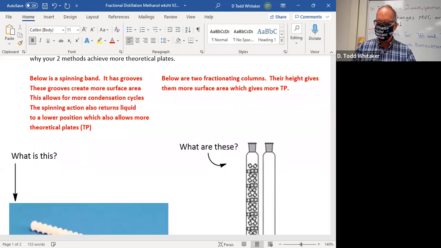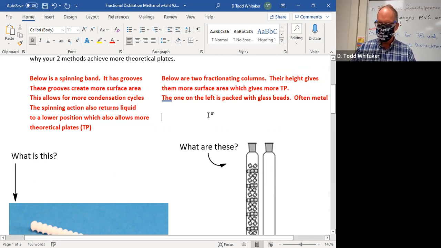The one on the left is packed with glass beads. Often metal mesh like copper or steel wool.